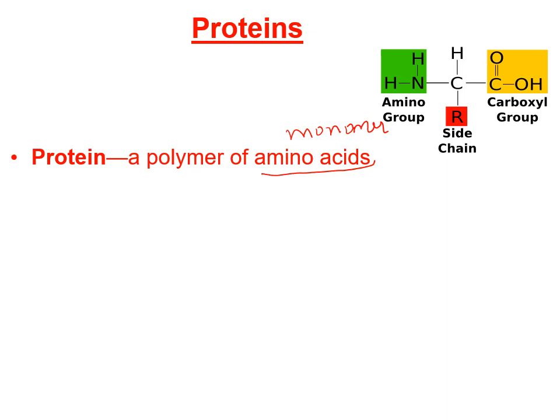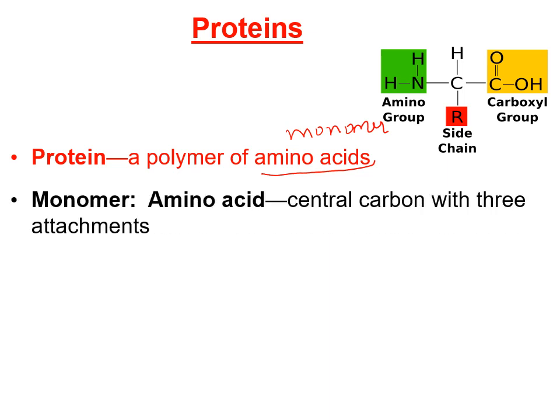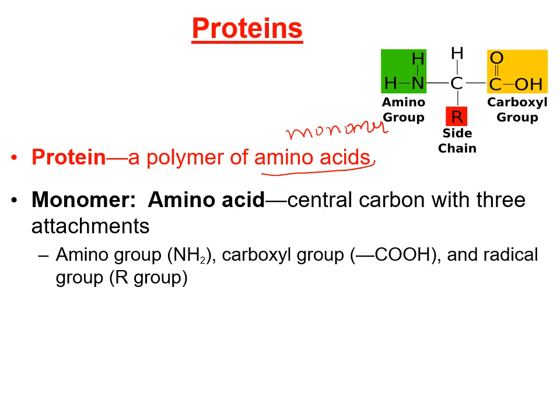And several amino acids combine to form a polymer known as protein. So in general, the protein molecule is made up of several different amino acids. We have 20 amino acids in the body that are used to make larger proteins.